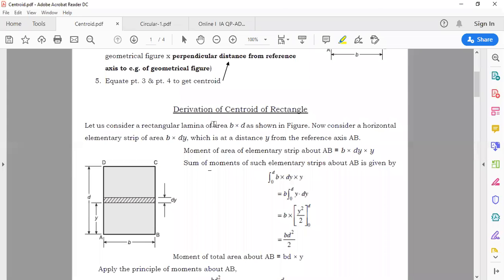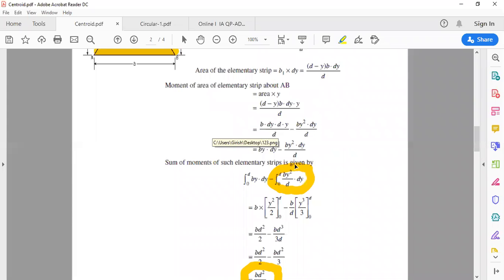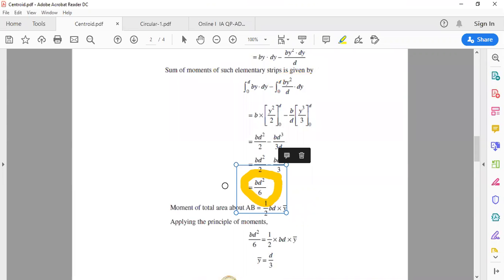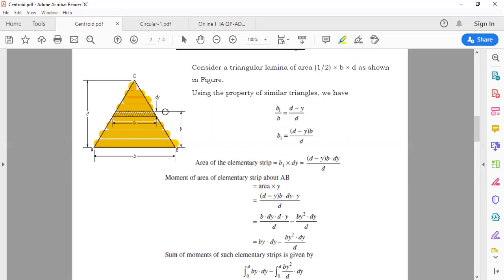Now next is the fourth one. What is the fourth point? Area of the total triangle into the perpendicular distance. What is the area of the total triangle? It is half into base into depth, that is d, into the perpendicular distance between the reference axis and CG.